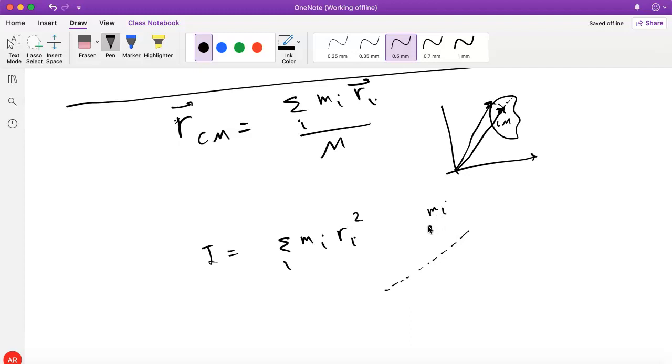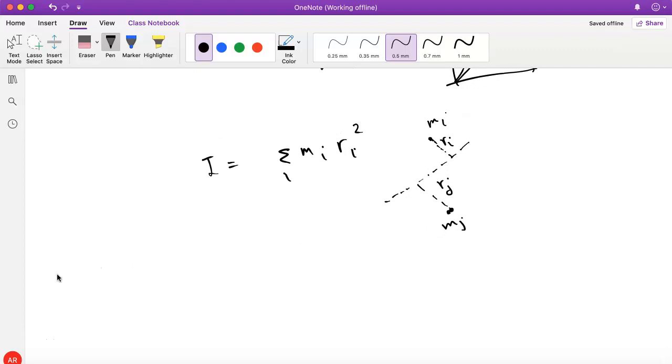We have to draw a line perpendicular to the axis, which hits the axis, and find that distance. Similarly, for a different mass over here, the masses could be in different planes, but the quantity we find is a number. There is no direction associated with moment of inertia. So these are some of the differences between the two.